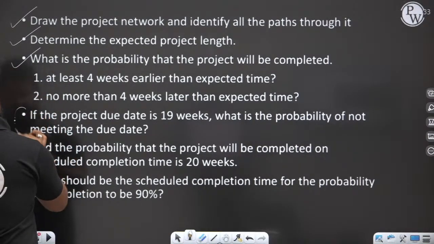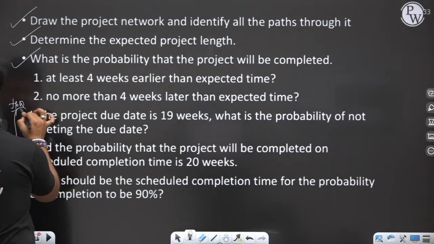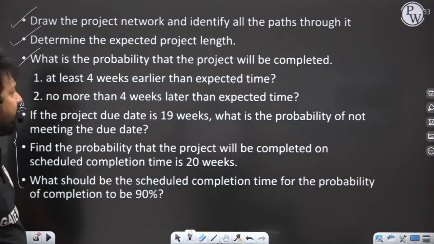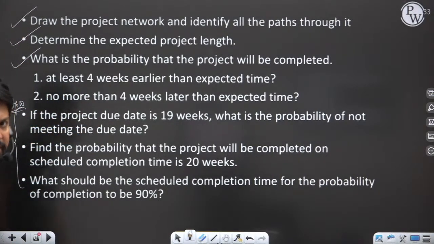The remaining part you will do as homework. Right now you solve this. For this I will give you the data, because you need the value of Z.